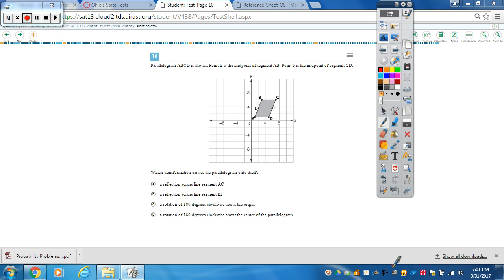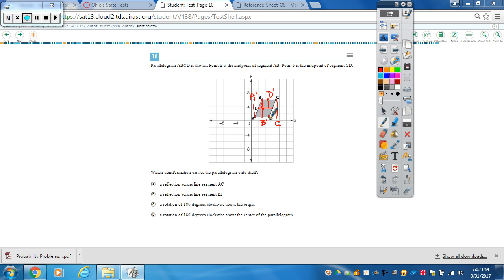For letter B, the reflection across line segment EF. If I look here, if I reflect this point across segment EF, we're going down here, probably right about there. For B, D will go up here. And A would go up in here. So this would be where A prime is, this would be where D prime is, B prime would be here, and C prime would be down here.